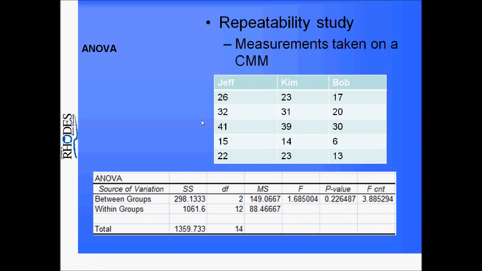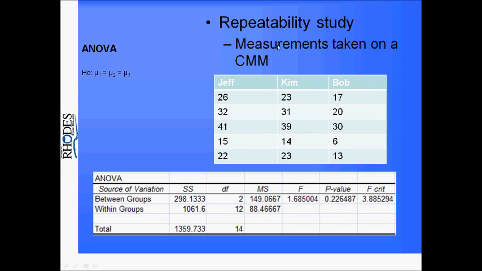Alright, so here we have a repeatability study. We have 3 different quality technicians, and they all take measurements on the same 5 parts. Okay. And our assumption is that the mean between all of their measurements is equivalent, right?